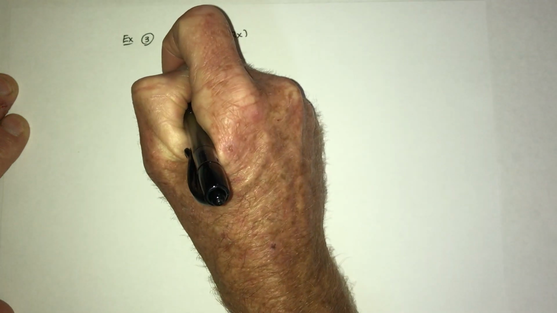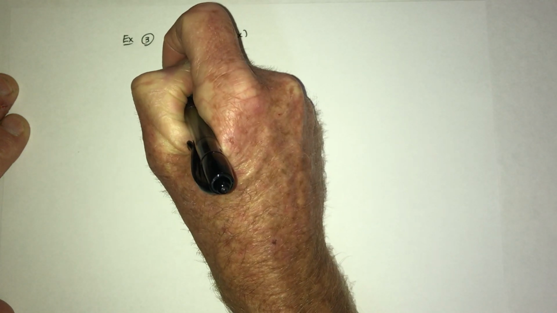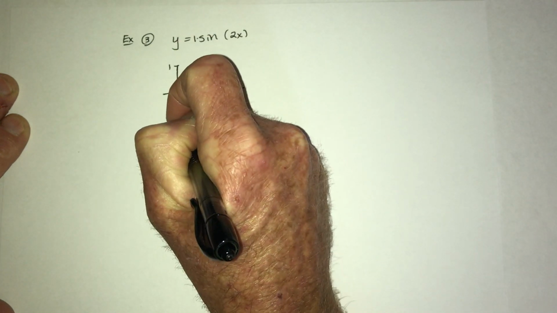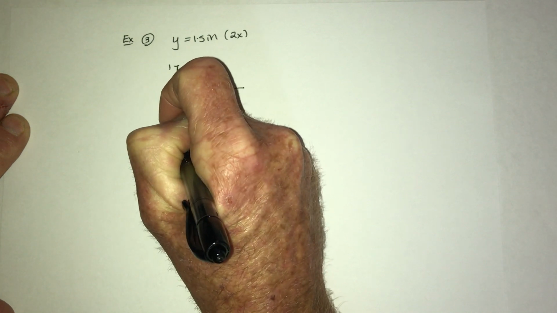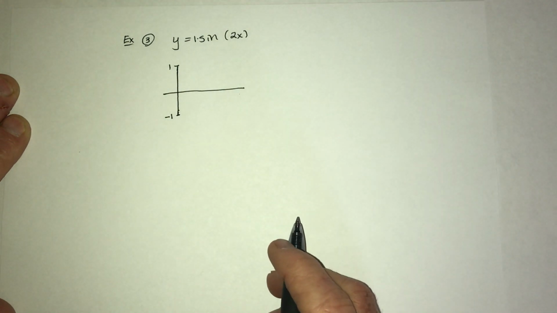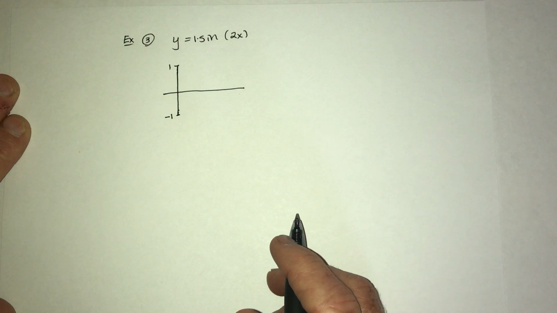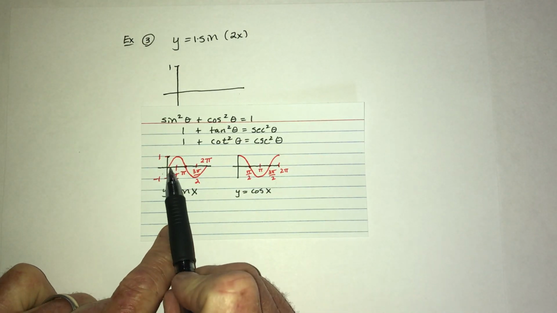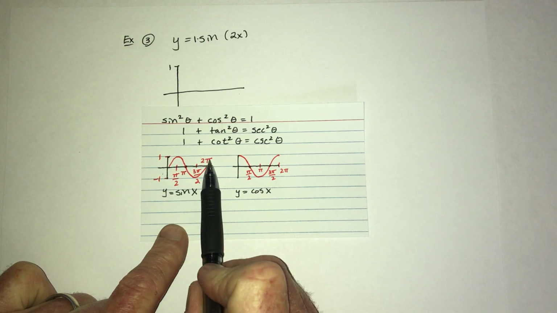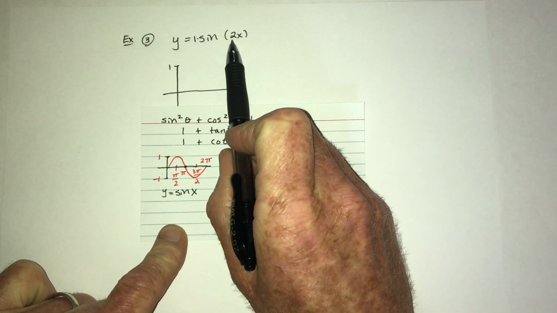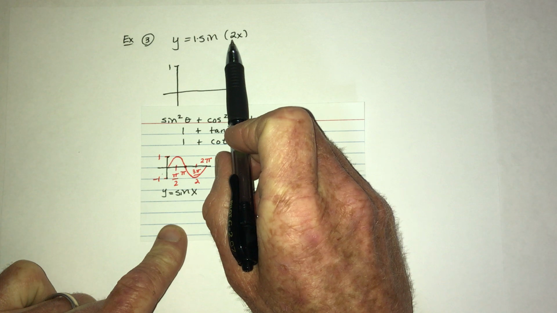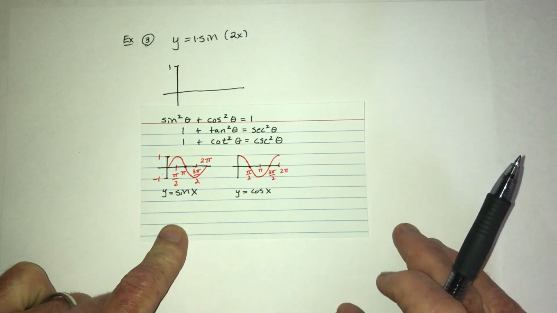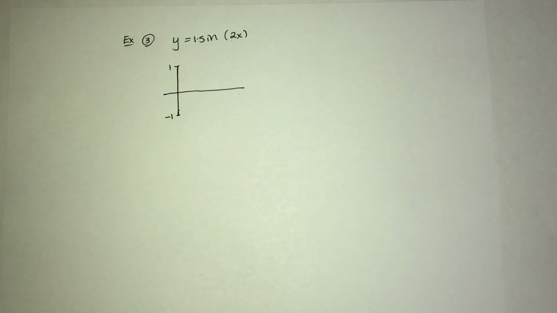So that means that it's going to go from +1 to -1 on the y-axis. But what happens to the x-axis? So instead of going from 0 to 2 pi, does that make it go from 0 to 4 pi? Je ne sais quoi. Vamos a ver.